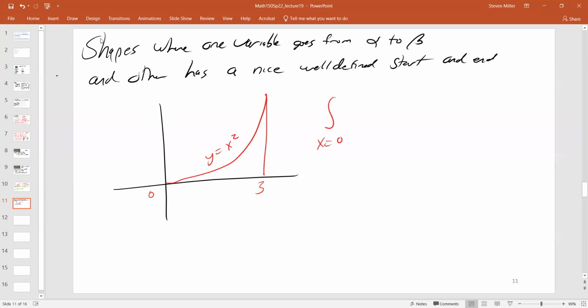So x goes from 0 to 3, and then for a given value of x, what would y be? So if I tell you I have a value of x, what does y start at and what does y end at?